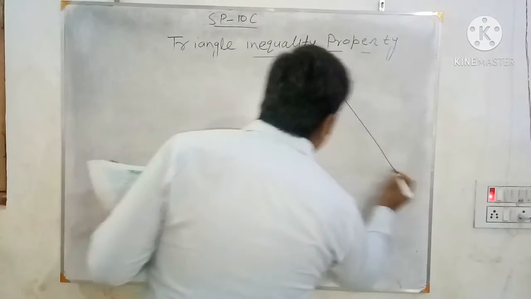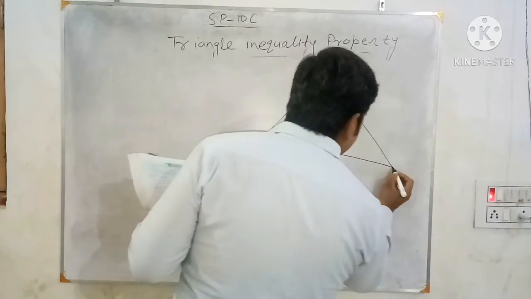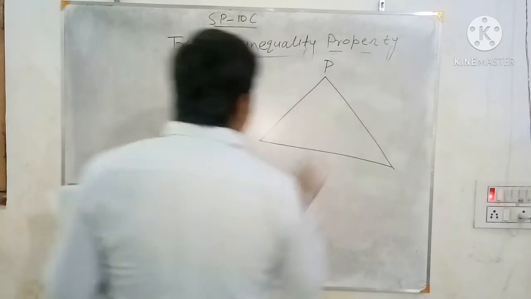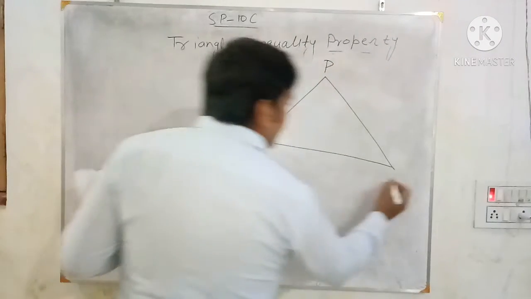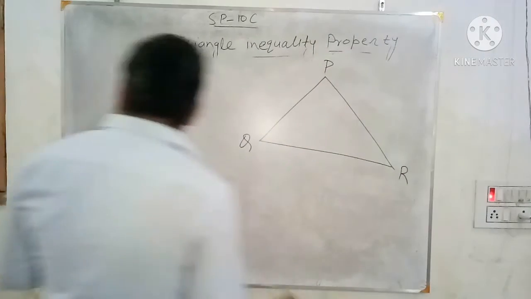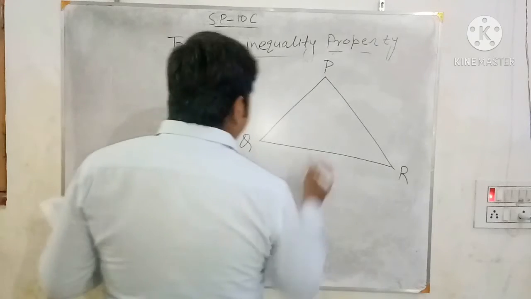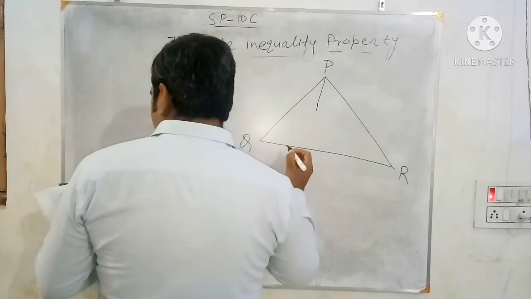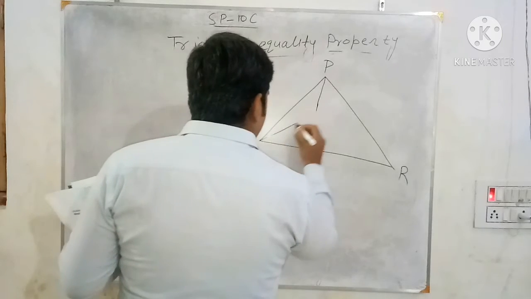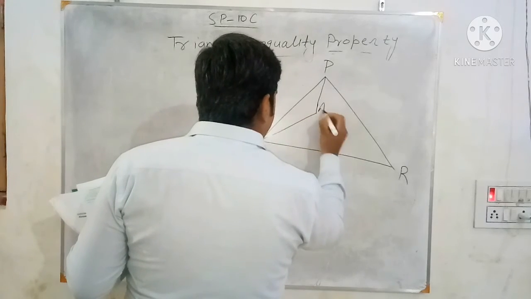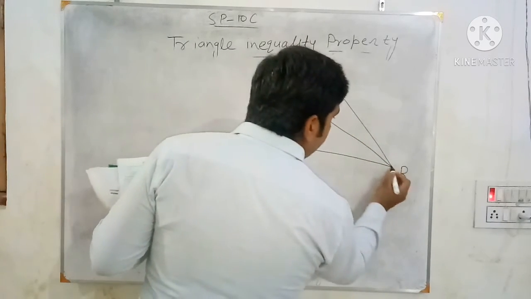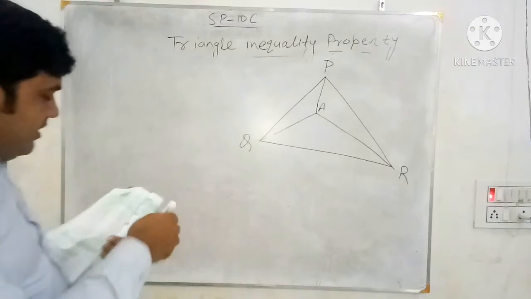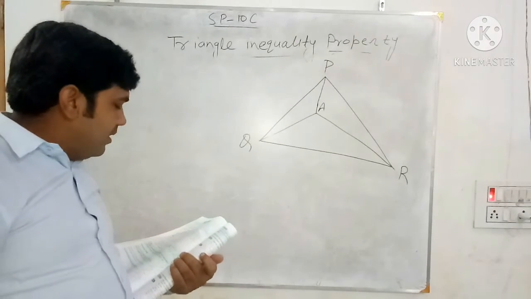There is a triangle PQR. This is an important question from the exam point of view. This is a triangle PQR. Here is a point A inside the triangle. There is a point inside the triangle PQR, A.